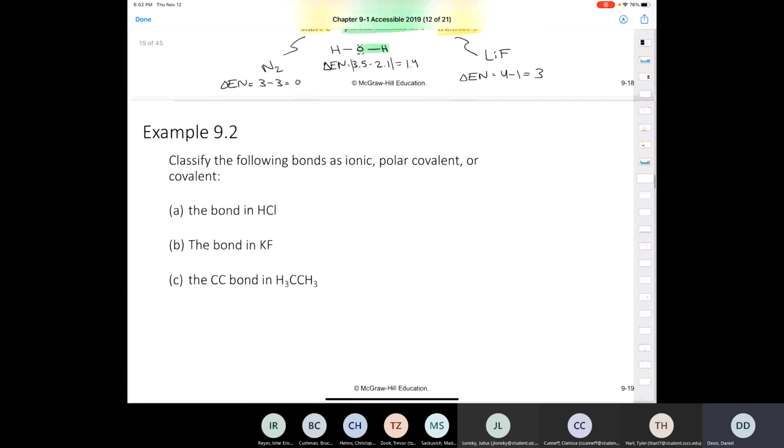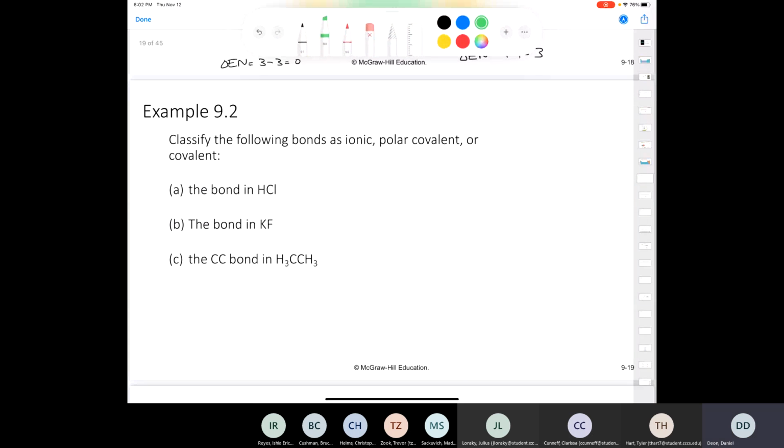All right, with that information in mind, let's try a problem that I think is pretty reasonable. Question 9.2 says, classify the following bonds as being ionic, polar covalent, or covalent. Remember, our delta En is equal to the absolute value of the difference between the 2 elements, A and B, in our bond. Let's look at HCl. The delta En of HCl, in order to calculate that, we need the electronegativity of both hydrogen and chlorine.